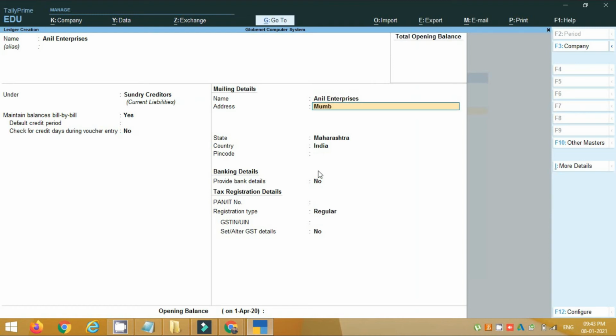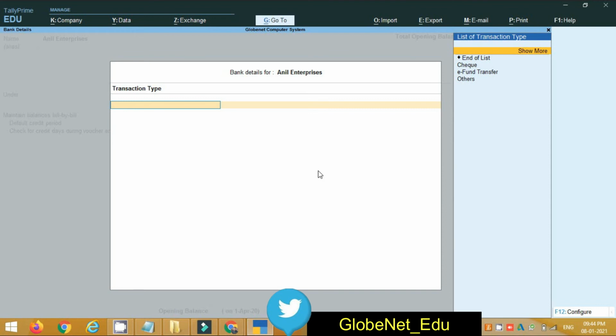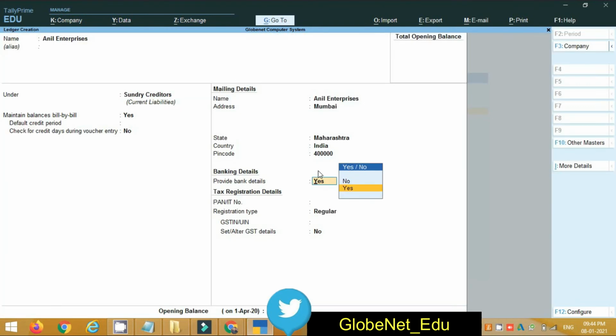You have to put the proper address over here, Maharashtra, pin code. If you want to provide the bank details of Anil Enterprises, you can put yes and enter all the bank details, and if you don't want to, then you can just go to no.